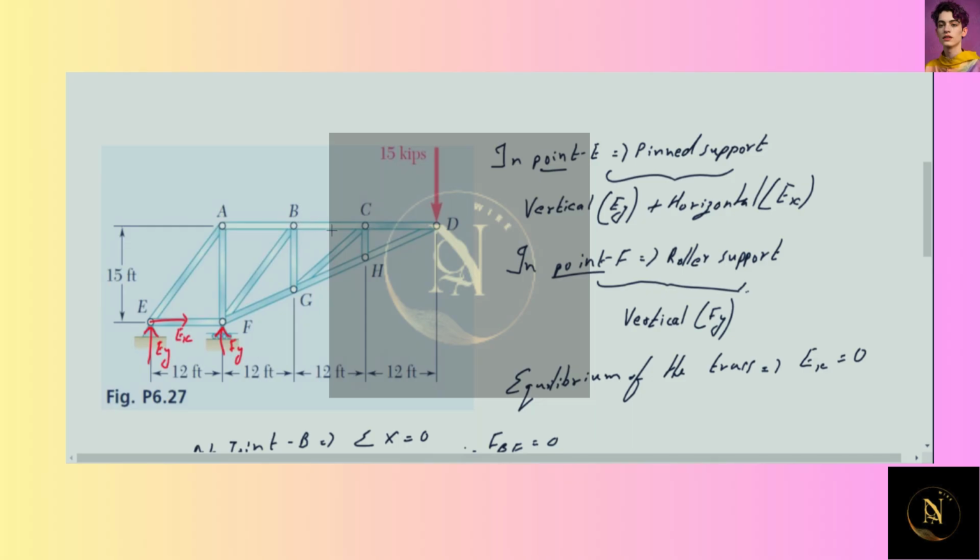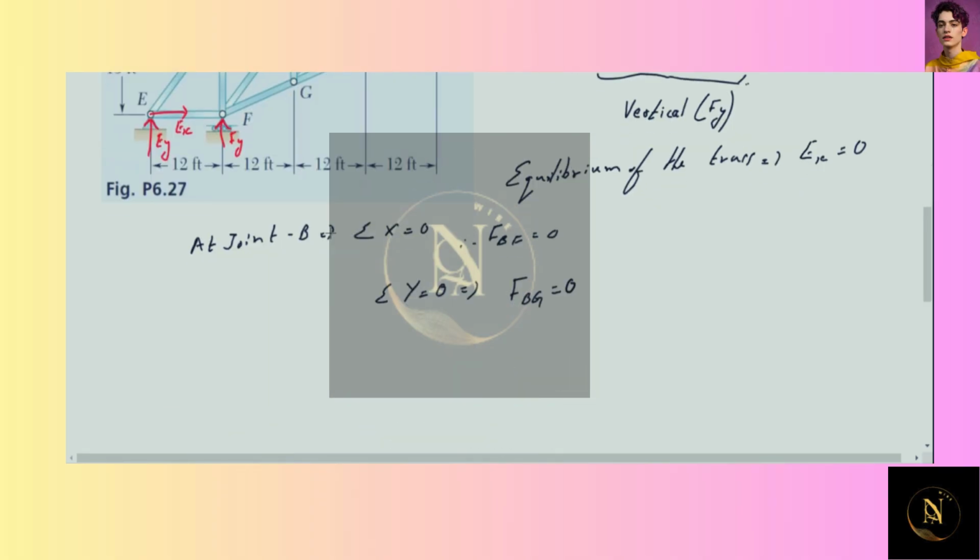The third member will be a zero force member if no external components are along this member. And in case of FBG, FG and FGH are collinear, so the third member is a zero force member. Now let's move to the next joint.